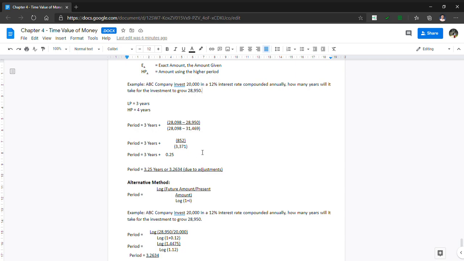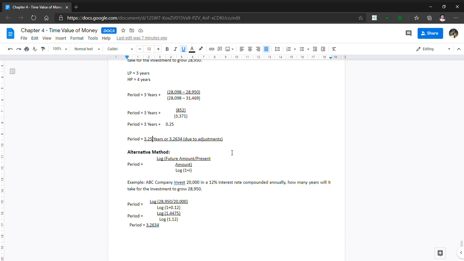So 1.12 raised to 3.2634 to get the future value factor of 1.4475 multiplied by 20,000 to get the amount of 28,949.9. So 28,950. So that is correct. So yung exact period natin is 3.2634. Pero sa computation natin is 3.25. Right? So ang difference lang nila is 0.01 years. So it is immaterial.